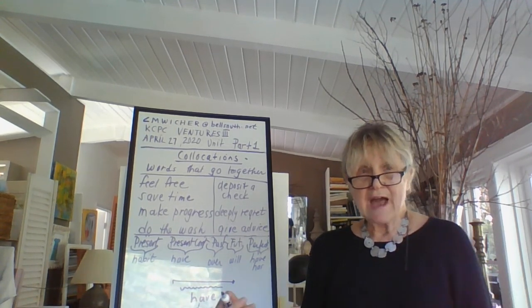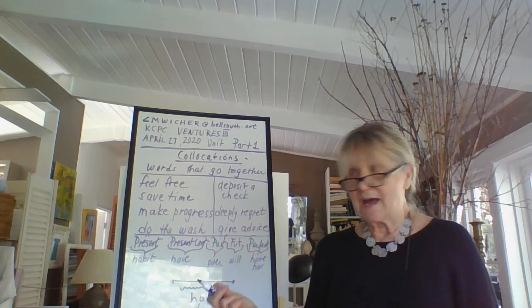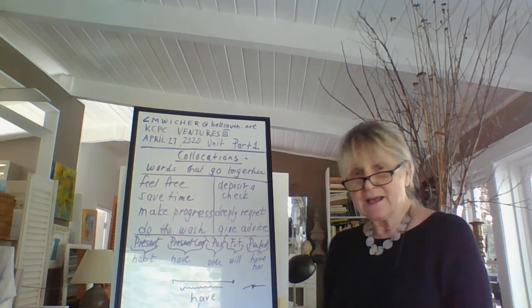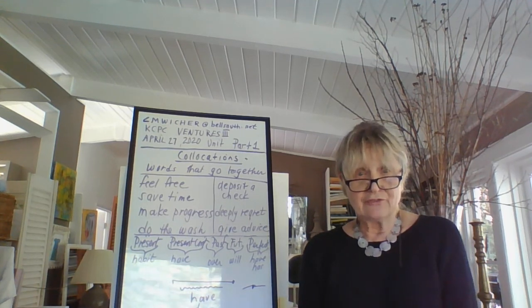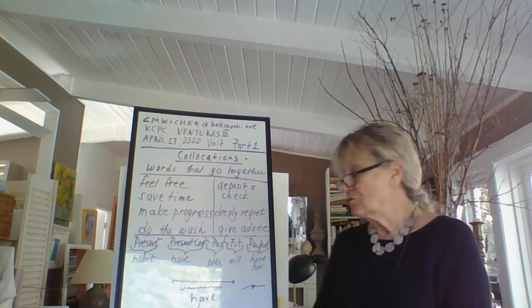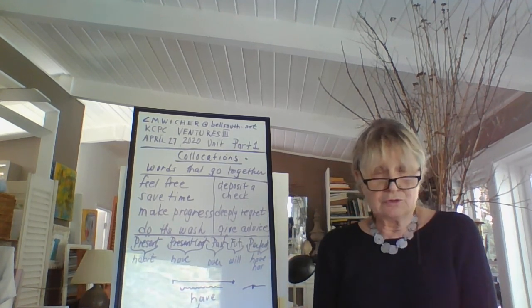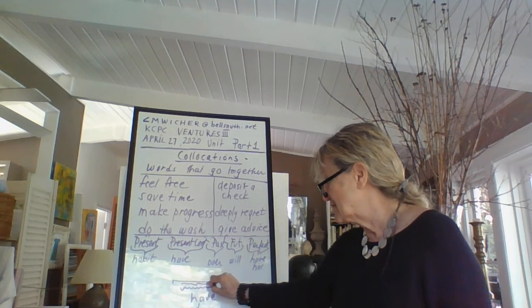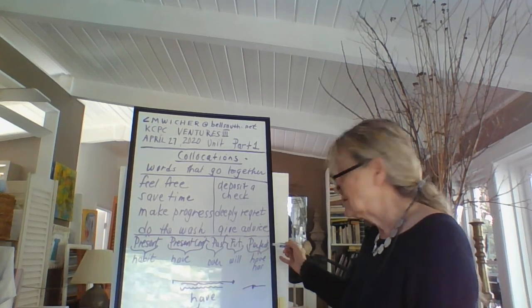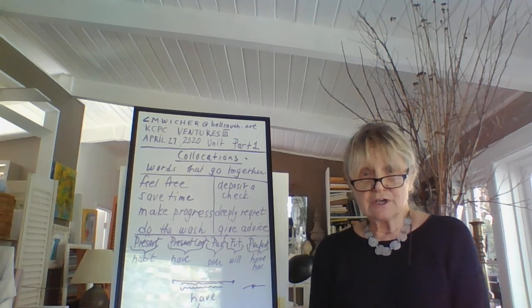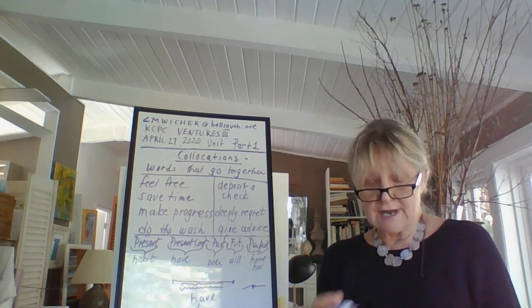If it was in the past and you use the simple past, that means that it happened in the past and was immediately over and finished. It was not continual. So you use the past tense. But if it happened in the past and it was continual, you must use the perfect. And in order to show the perfect, you're going to use the words have or has.